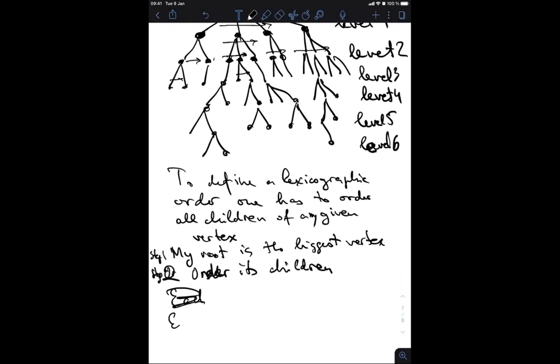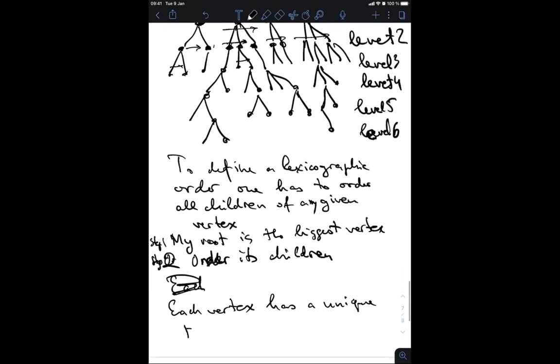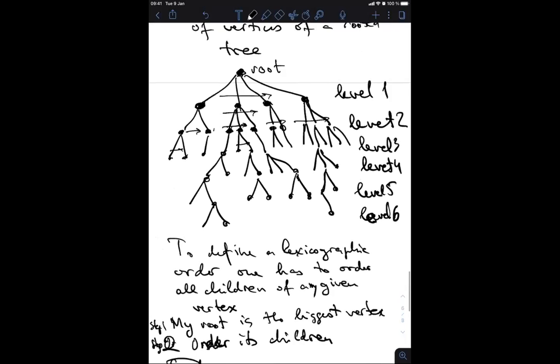Each vertex has a unique path connecting it with the root.